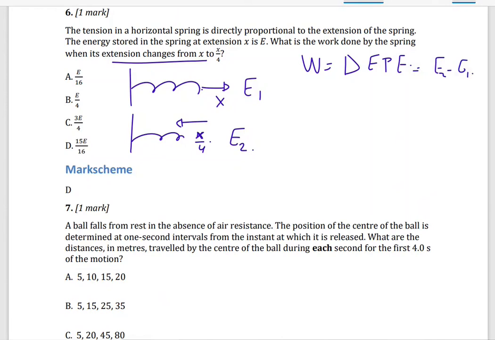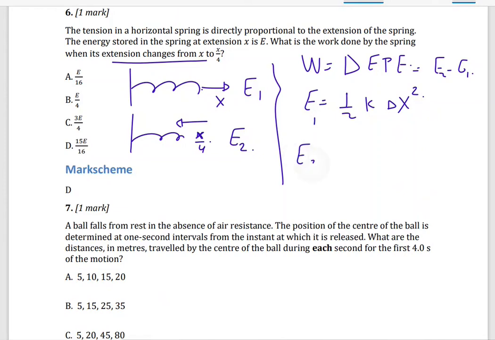Now, how can I find the elastic potential energy stored in a spring? The energy is half the spring constant times the displacement squared. Now, this is E1.